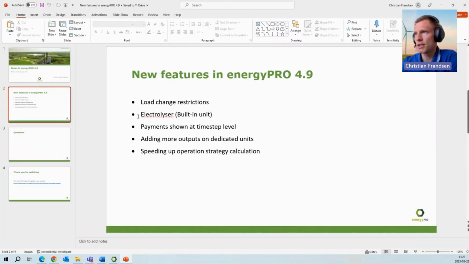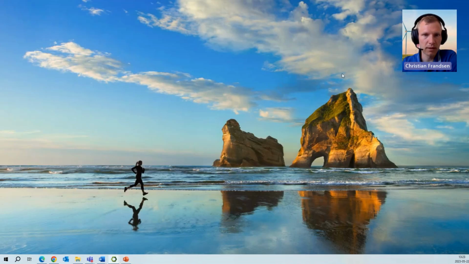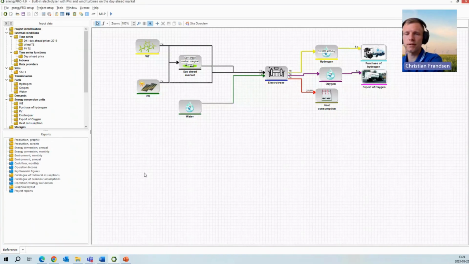The next bullet on the list here is the electrolyzer, a new built-in unit. In this project example, we have some wind turbines, PV panels, day-ahead market, this new built-in electrolyzer, hydrogen, oxygen, water, heat consumption, purchase of hydrogen, and export of oxygen.